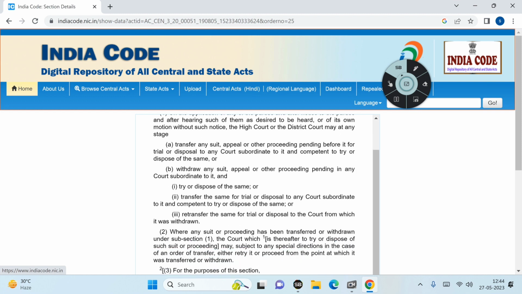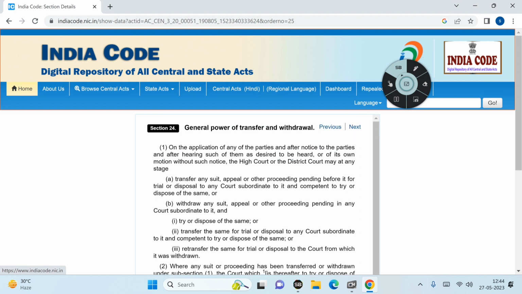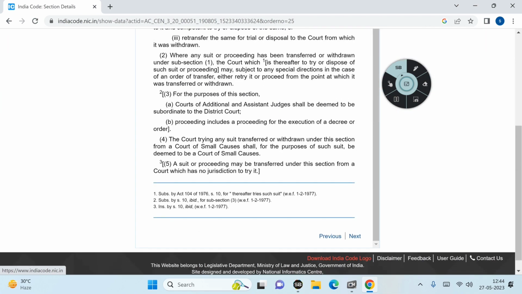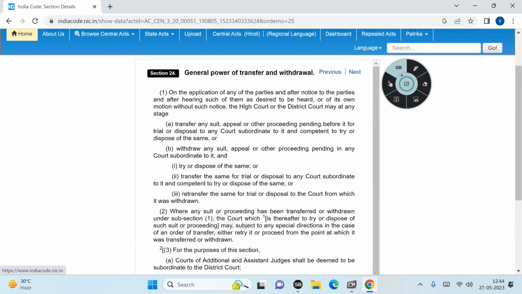But at the same time, as a collateral, correlated section, we have to see what Section 24 is also. As I told, Section 24 contains 5 subclauses. Come to them one by one.